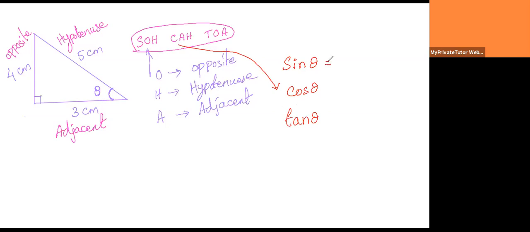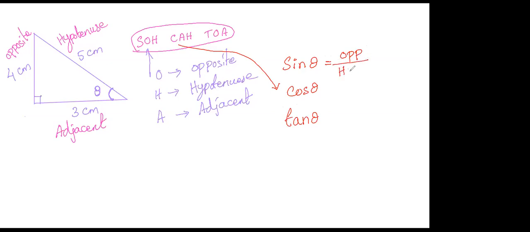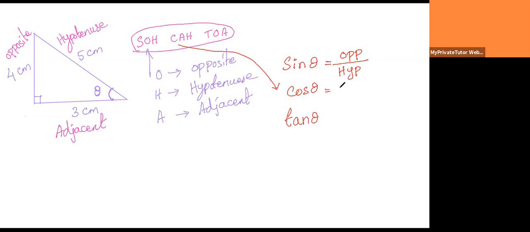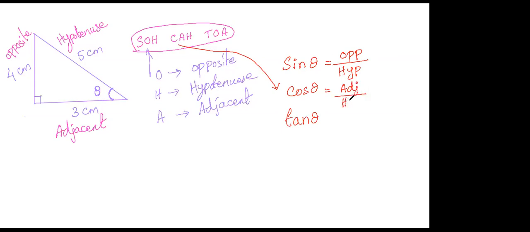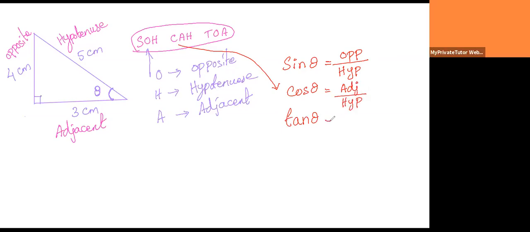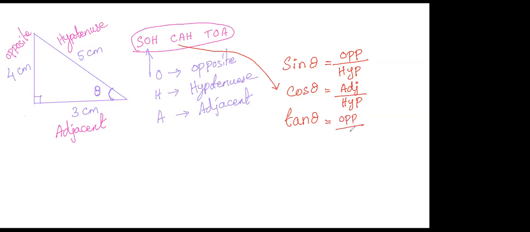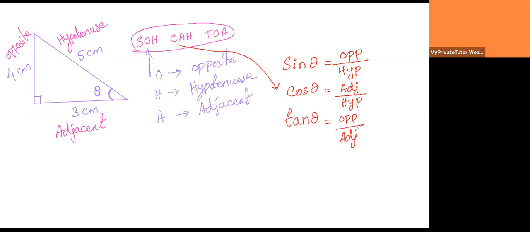What is the formula? O over H, opposite side divided by hypotenuse. CAH: C stands for cos theta, adjacent divided by hypotenuse. Finally TOA: tan theta is opposite over adjacent. O means opposite, A means adjacent. So these are the three formulas, guys, you need to remember.